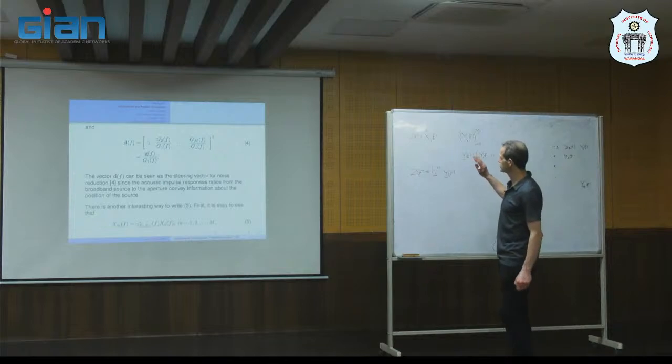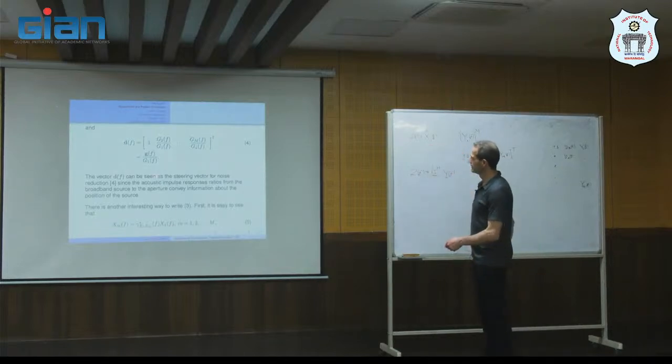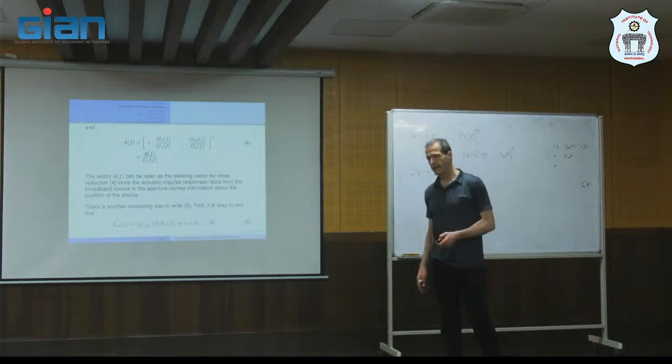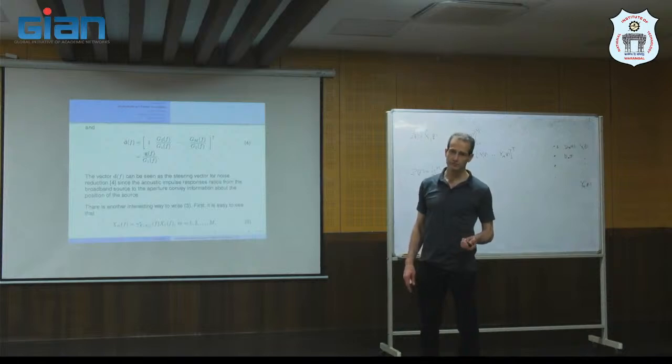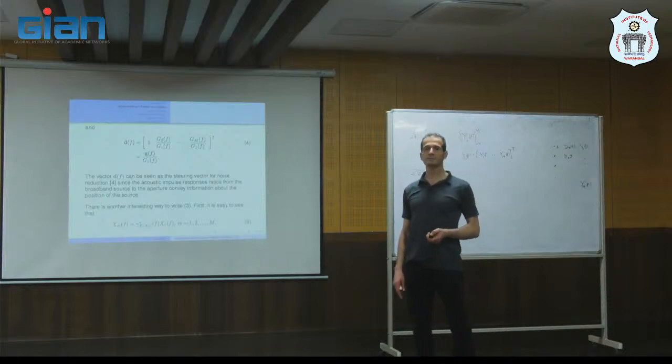Because once we choose the reference sensor, this relative transfer function provides us with information about the direction. And why do we use relative transfer function instead of transfer function? Why do you think?